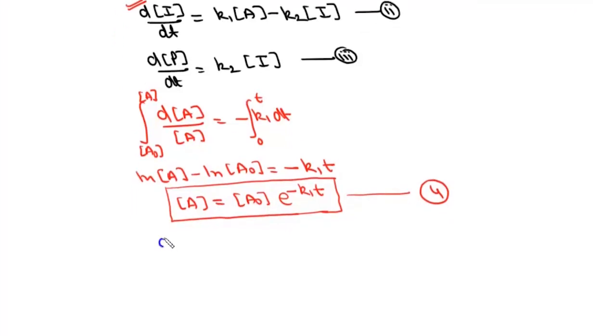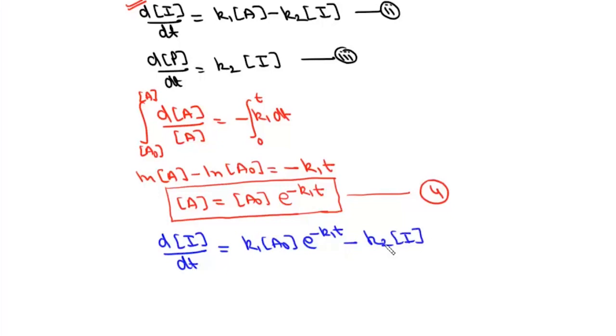Now here we are given that dI/dt is equal to K1 times the concentration of A, which is A0 e to the power minus K1t, and minus K2I.